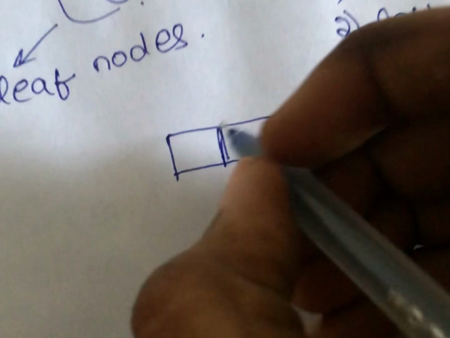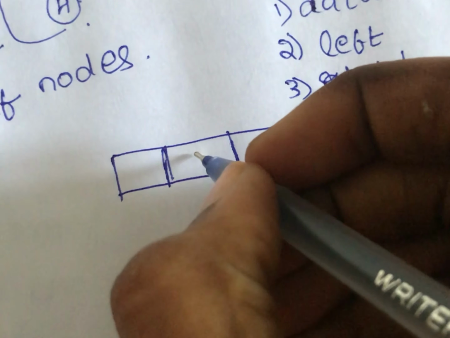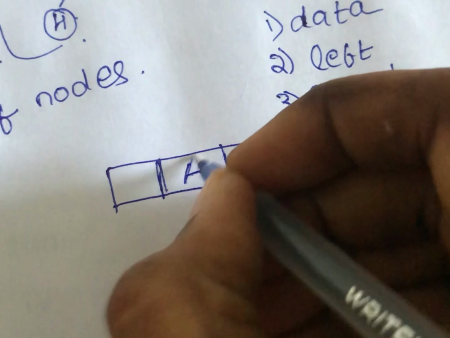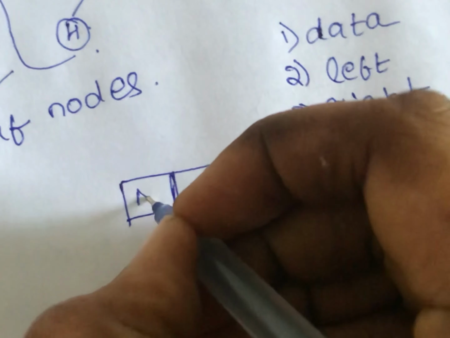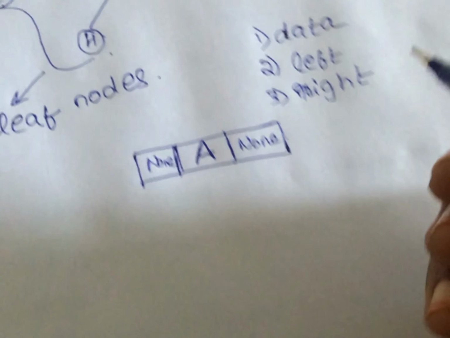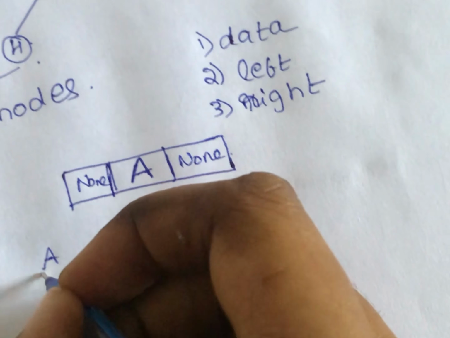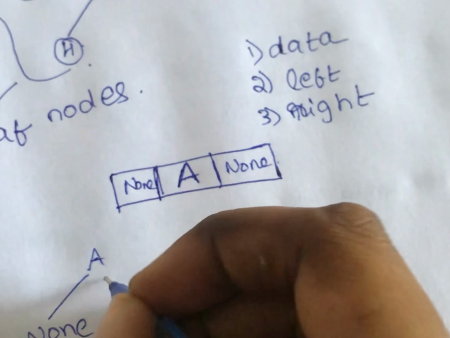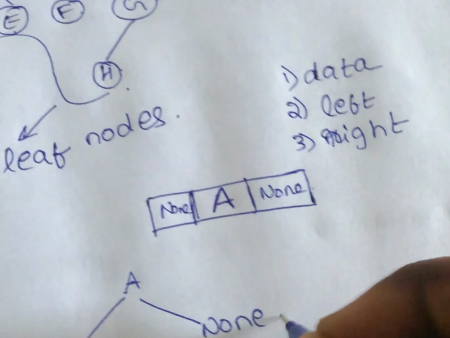The data part would be in between. So let us assign it as A, and initially we'll keep the left as none and the right as none.